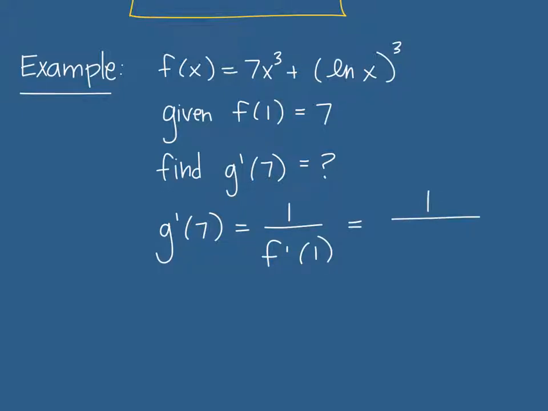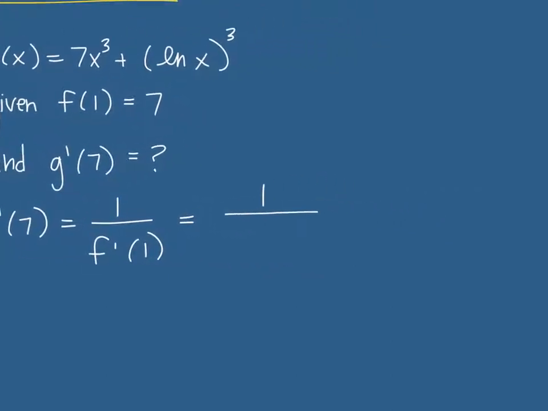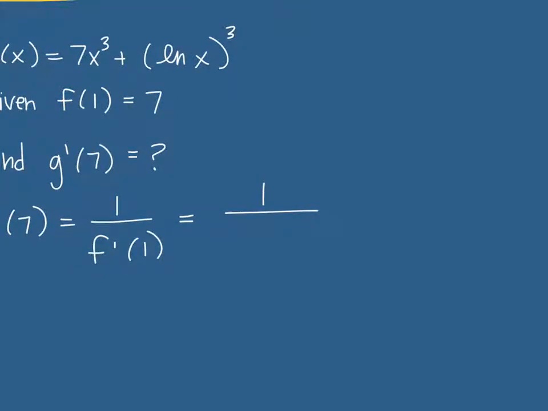And so now I just have to do 1 over, and I have to find the derivative of 7x cubed plus the natural log of x quantity cubed. So the derivative of 7x cubed is 21x squared plus the derivative of the natural log of x quantity cubed, which is 3 times the quantity ln of x squared. So what am I missing? I need the chain rule, which is 1 over x times 1.